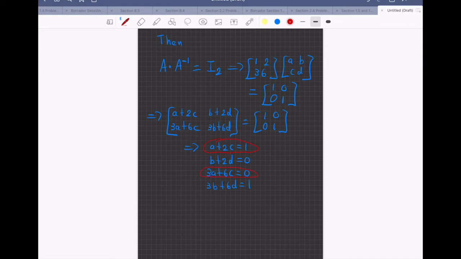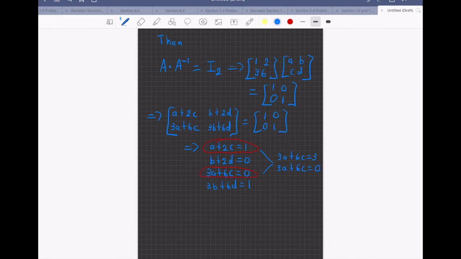But that's impossible to satisfy, because from this one, multiply equation 1 times 3. This implies 3a plus 6c equal to 3. But I have here 3a plus 6c equal to 0.